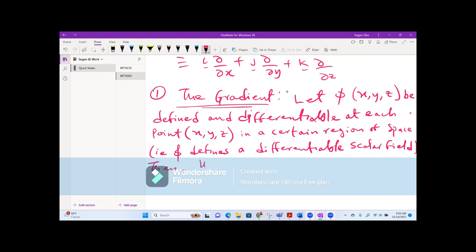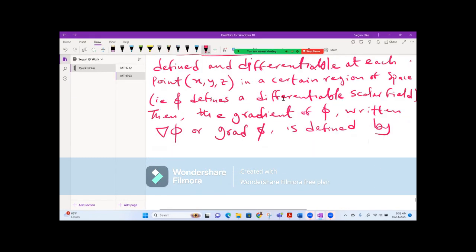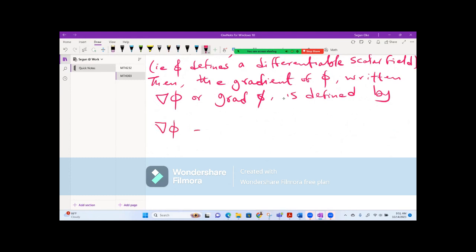Then the gradient of phi is written del phi or grad phi, and is defined by del phi equals d/dx i plus d/dy j plus d/dz k, everything multiplied by phi.